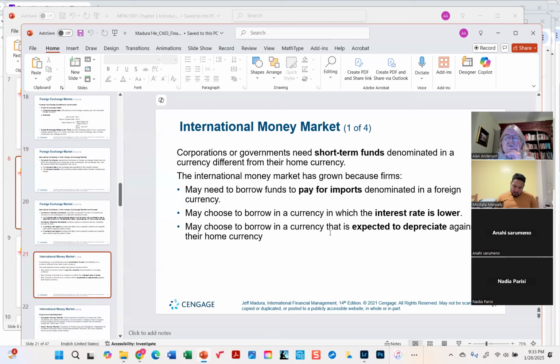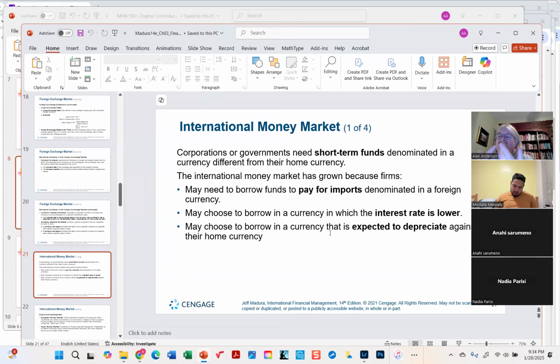The international money market is where investors buy or sell securities that have very short maturities and pay interest to the investors. These securities are very safe, they're very liquid, but they provide relatively low rates of interest. Sometimes what we can do with these markets is, if you're a multinational and you do business in a lot of countries, you may be able to put this to your advantage by borrowing in the countries with the lowest interest rates and investing in the countries with the highest interest rates.